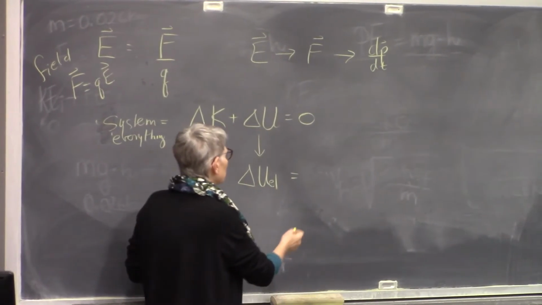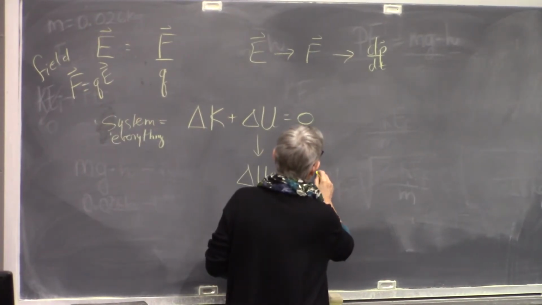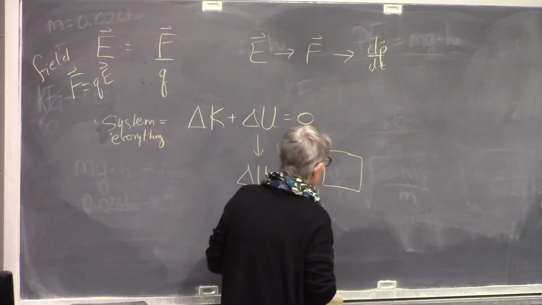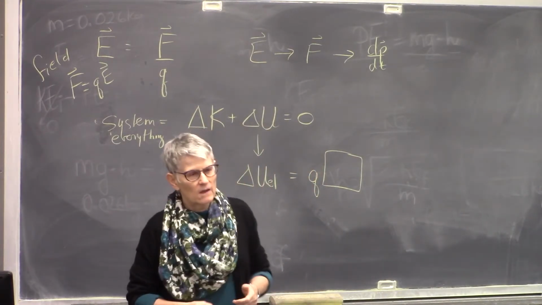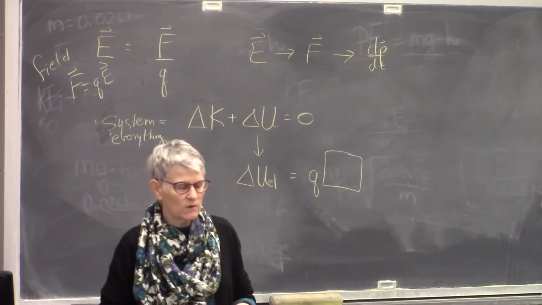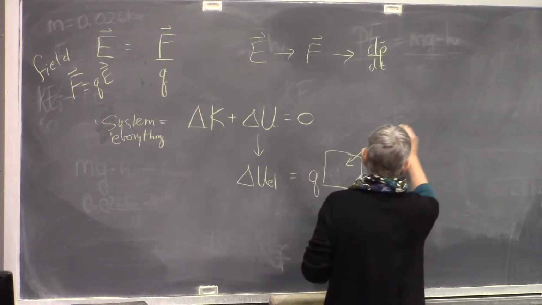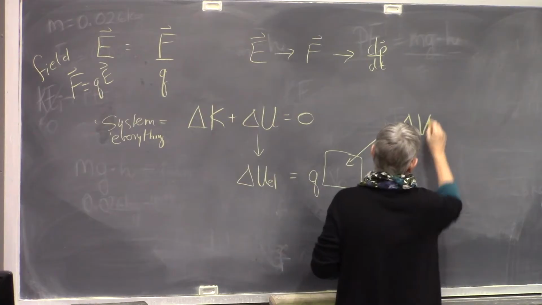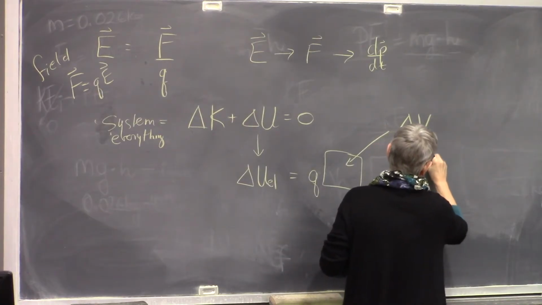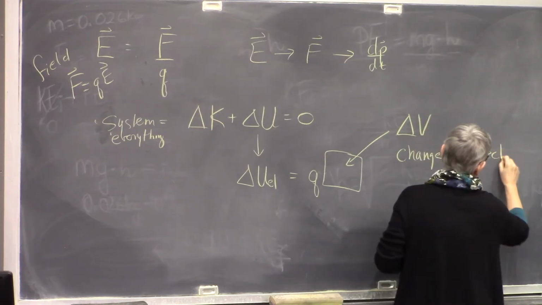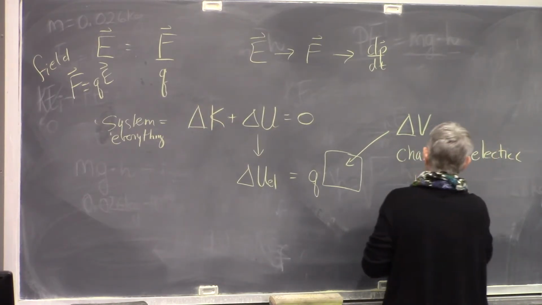We want that to be equal to the charge times something. And what that something is called is delta V, the change in electric potential.